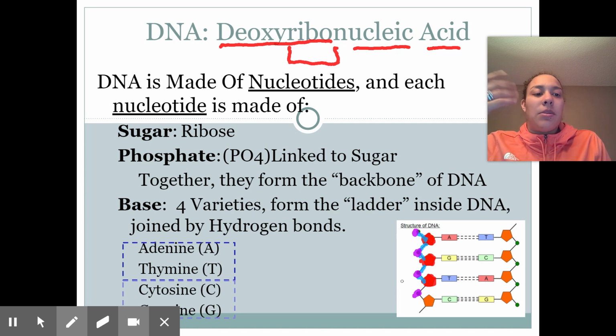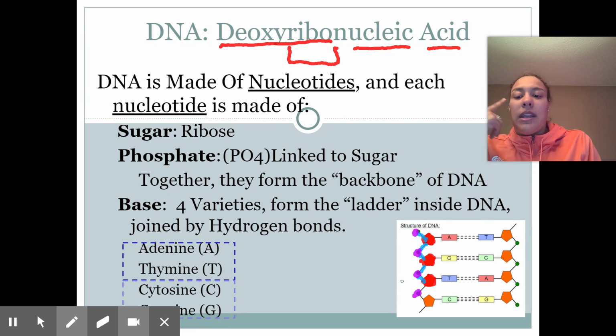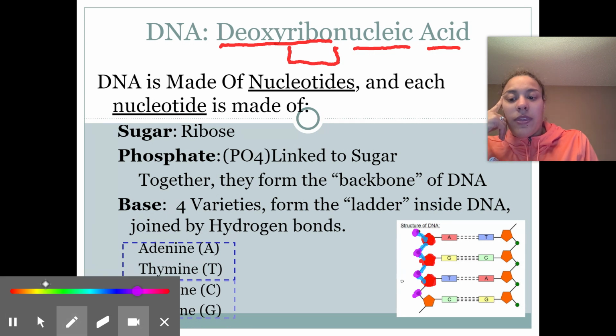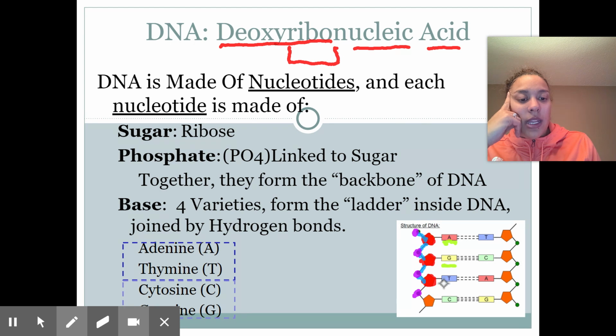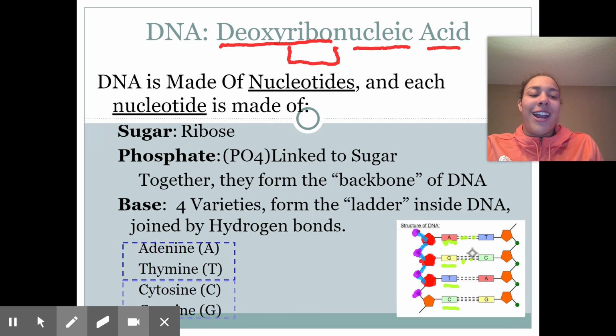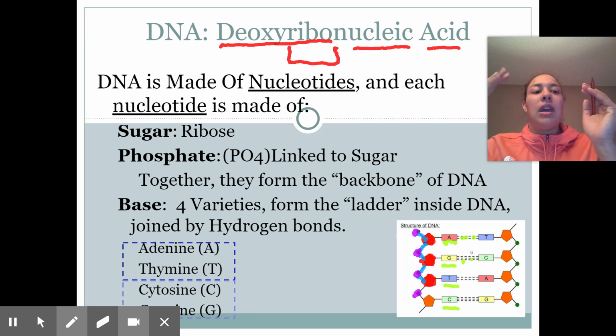And then the bases are pretty interchangeable, just a couple different types that go along with that, but we can see that there's A for adenine, G for guanine, T for thymine, and C for cytosine. And there's these dashed bonds between them. Those are our hydrogen bonds. We know hydrogen bonds are weak, they can separate, and that's an important component for DNA replication so that it can separate and reform really with ease.